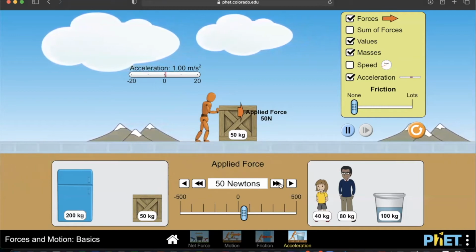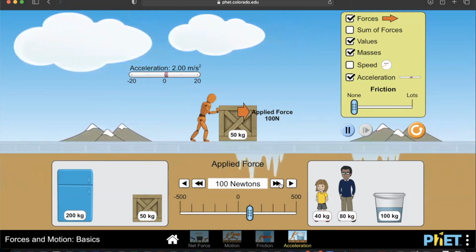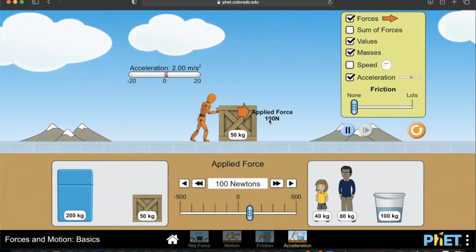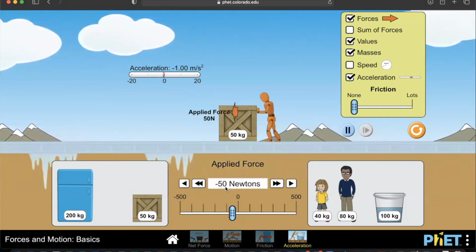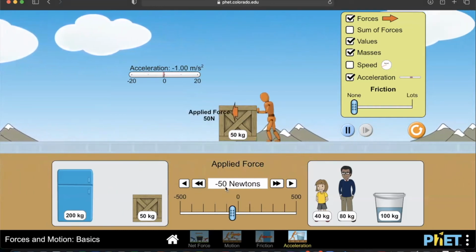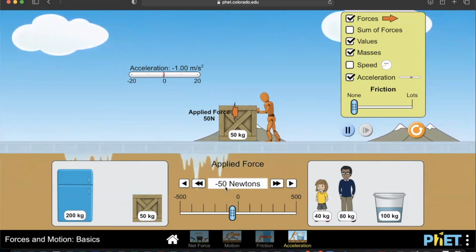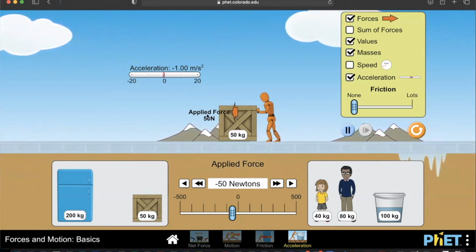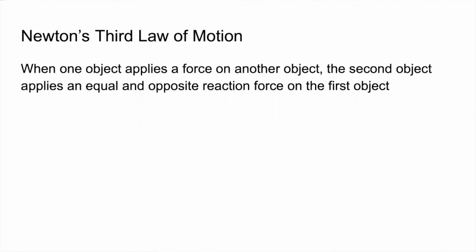And if we change the applied force to 100, you'll see that Newton's second law still applies because 50 times 2 is 100. Now, if we apply a force of negative 50 newtons, and negative 50 just means that it's going left this time, then Newton's second law of motion still holds because 50 times negative 1 is equal to negative 50.